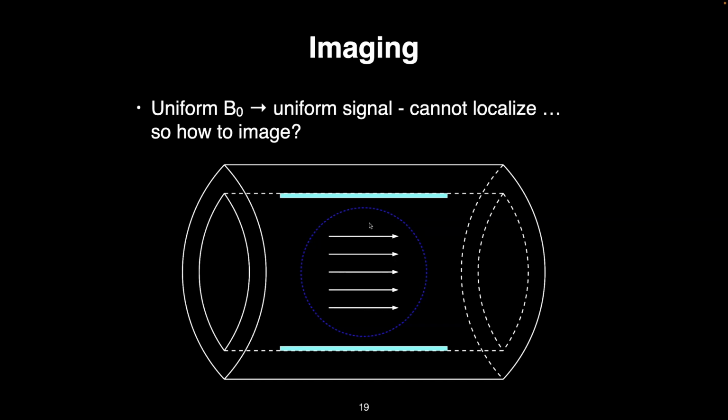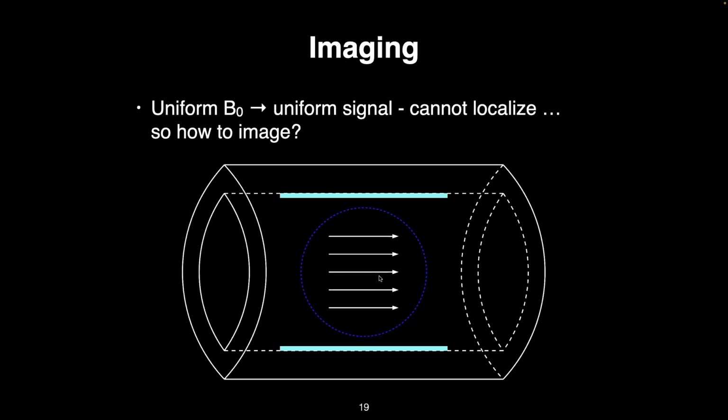This is generally the case for all MR scanners. Same for a 3T, there's a 40 to 50 to 60 centimeter ball at the center of the scanner where only in that region it's 3T, and everywhere else it kind of falls off. But within that ball, it's pretty uniform. So if you have one sample in there, one species, and everything's uniform, then everything is going to precess at that same frequency.